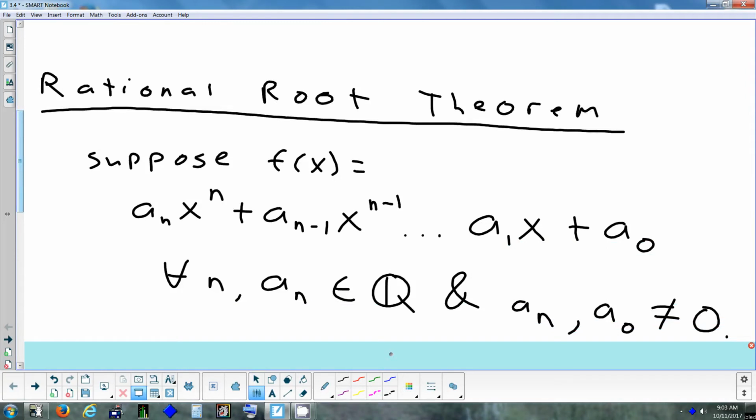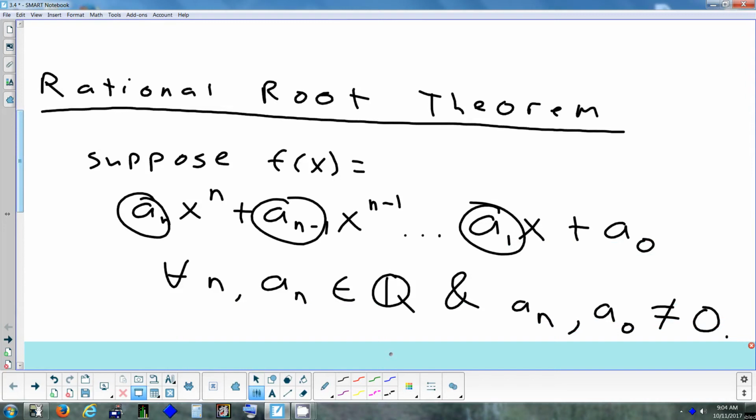I know it looks like just a bunch of crazy symbols, but what this says is that for all values of n, every coefficient is a rational number. So what we're assuming in this problem is that all the coefficients of your x terms, the first one, the second one, the third one, all of them, that's what that symbol means. All a sub n's have to be rational numbers.